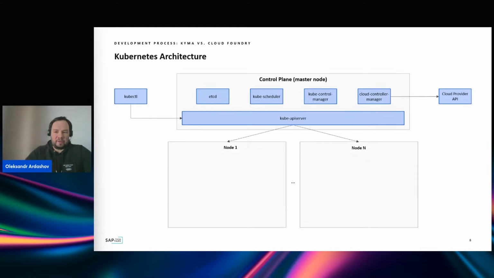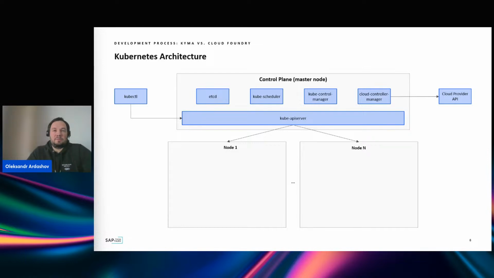We can define that we want a different set of nodes in our cluster, but we always have one central plane, one master node, which is responsible for tracking what happens with the worker nodes, rolling out those nodes, and restoring those nodes in case of failure.